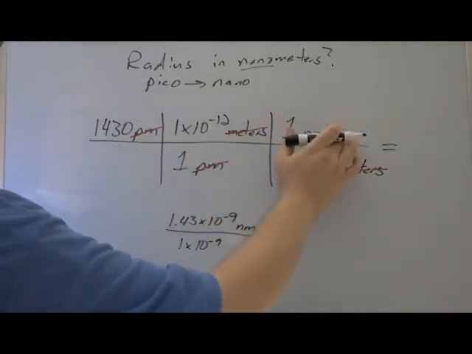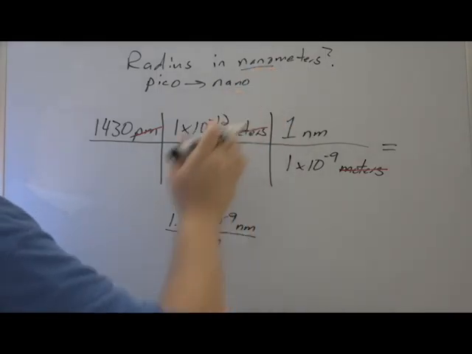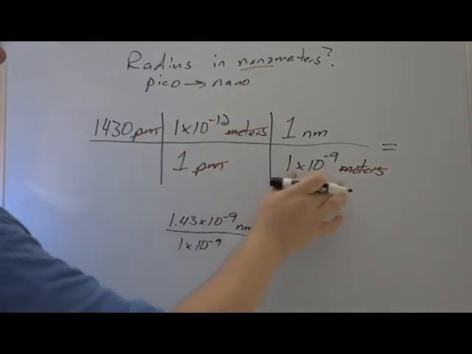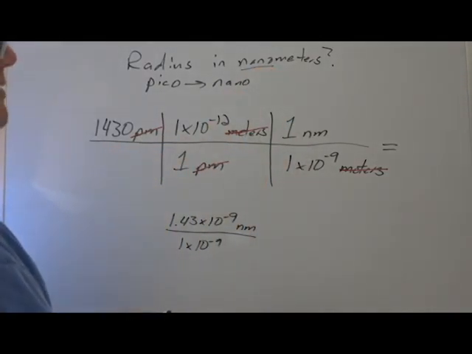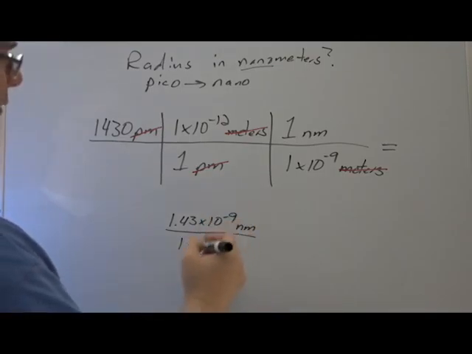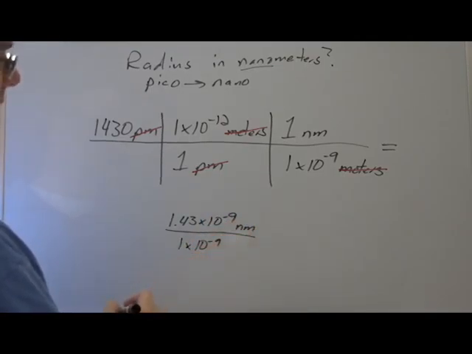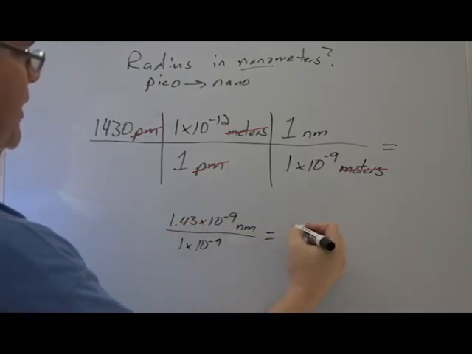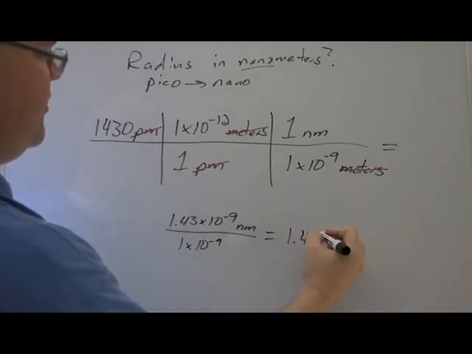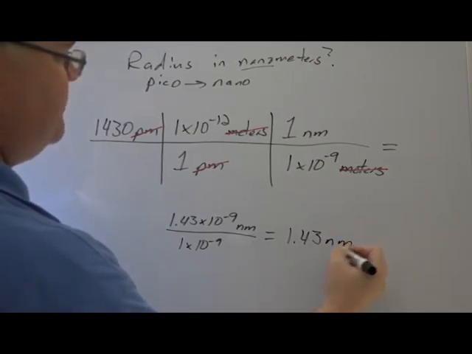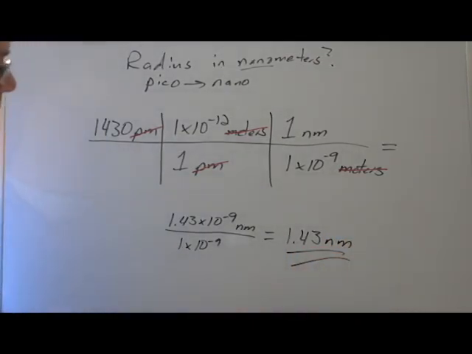Okay, I did end up where I wanted to go, to the nanometers, and my units have shown that by what was able to cancel out. And look at this, very nice math. If I divide this into this, guess what I get? 1.43 nanometers. And that's going to be my final answer.